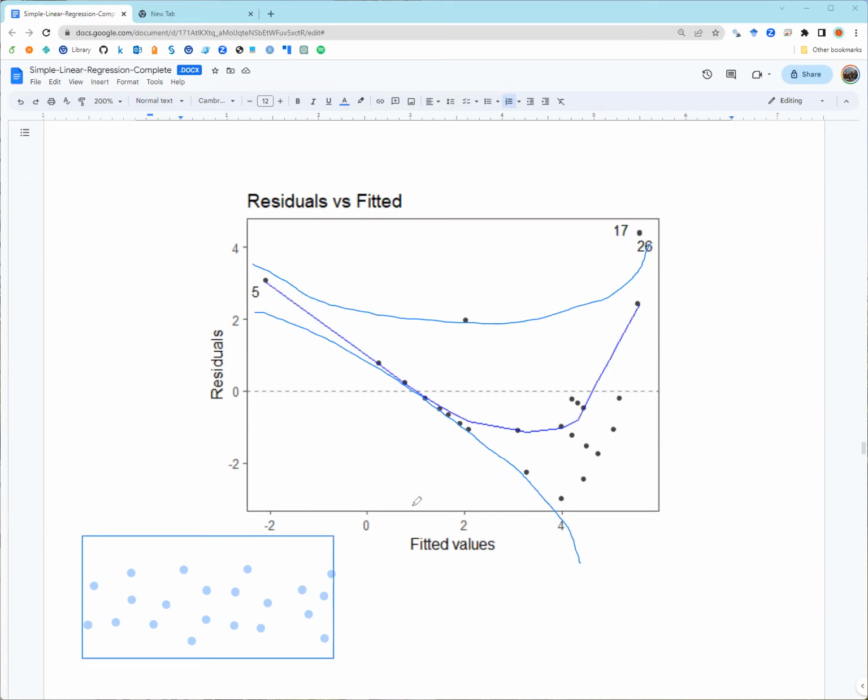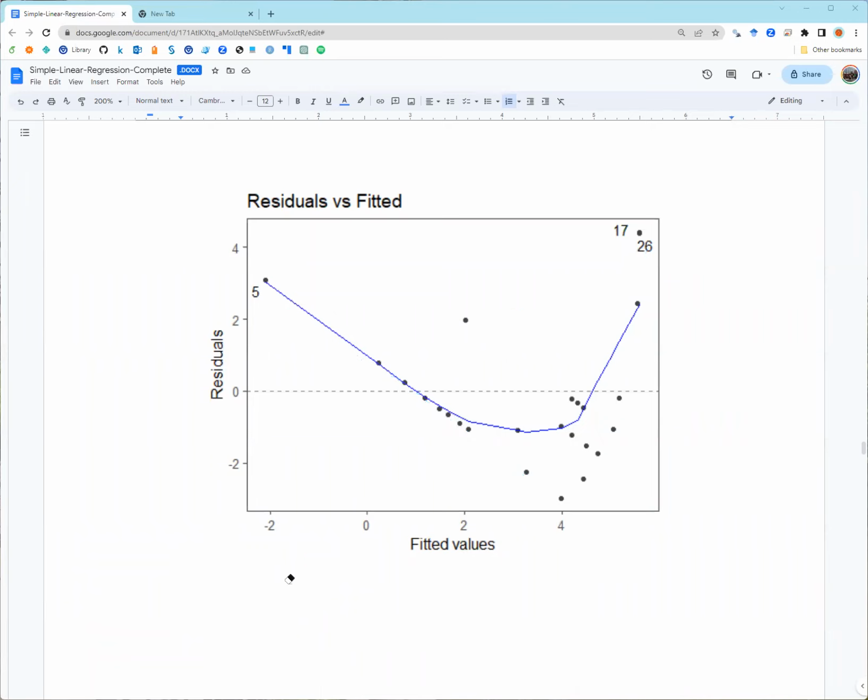There's not an outward fanning or funneling type of pattern. This is where homoscedasticity would be met. But here it's violated because we have this outward fanning pattern.